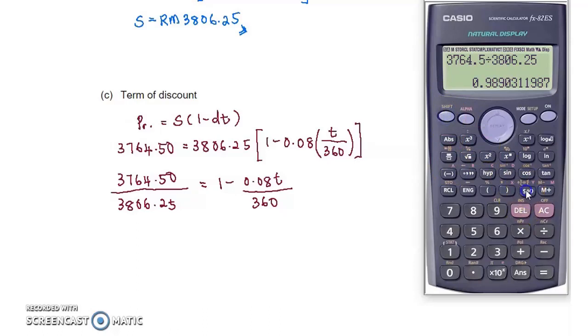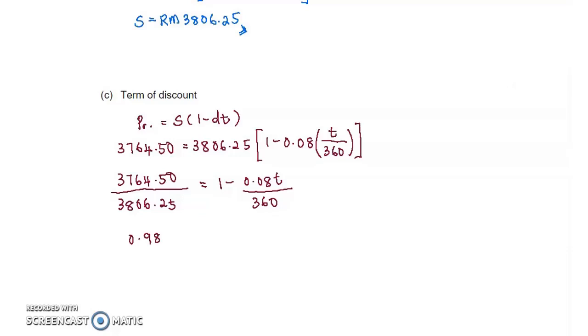But in this case, cannot be converted into fraction, so you just write up to 4 decimal point. So 0.9890. Okay, bring positive 1 here to left hand side. So positive to left hand side minus. So on right hand side, you left with negative 0.08t divided by 360.